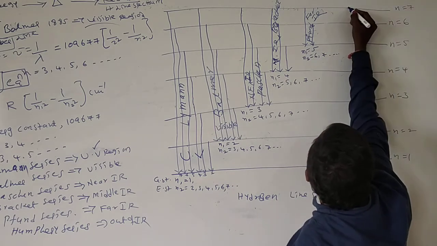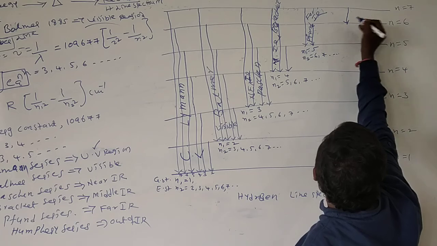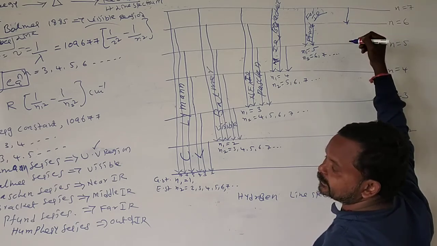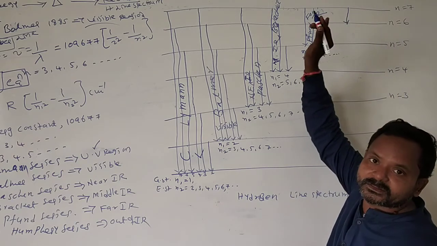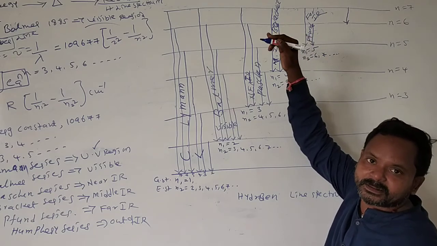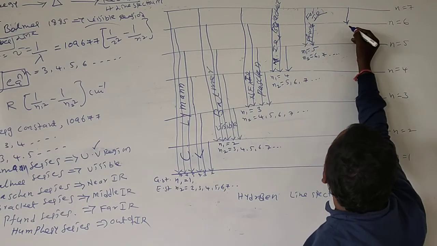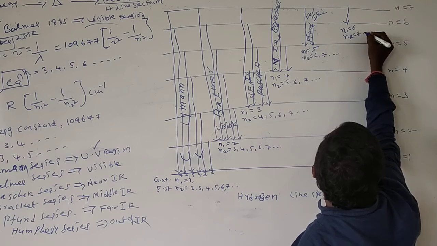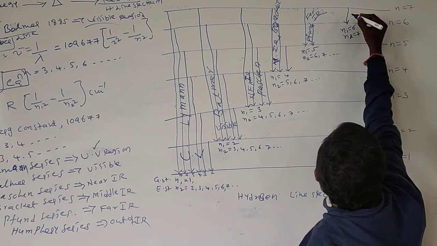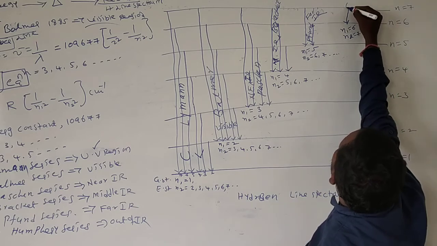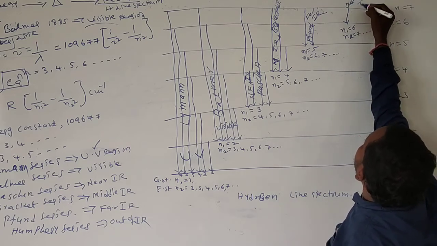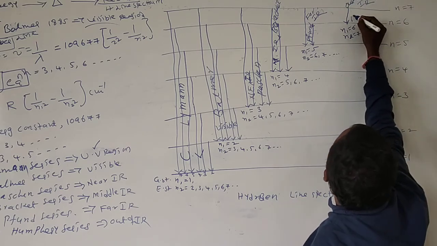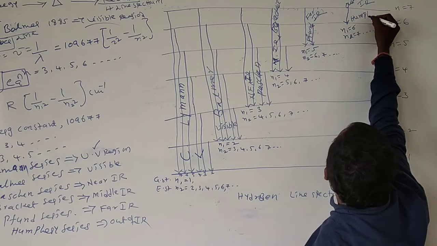If an electron jumped from 7th to 6th, nowadays we have only up to 7 levels, we don't have the 8th level. Here n1 is equal to 6, n2 is equal to 7, and so on. This series of lines is observed out of IR, and we call it Humphreys series of lines.